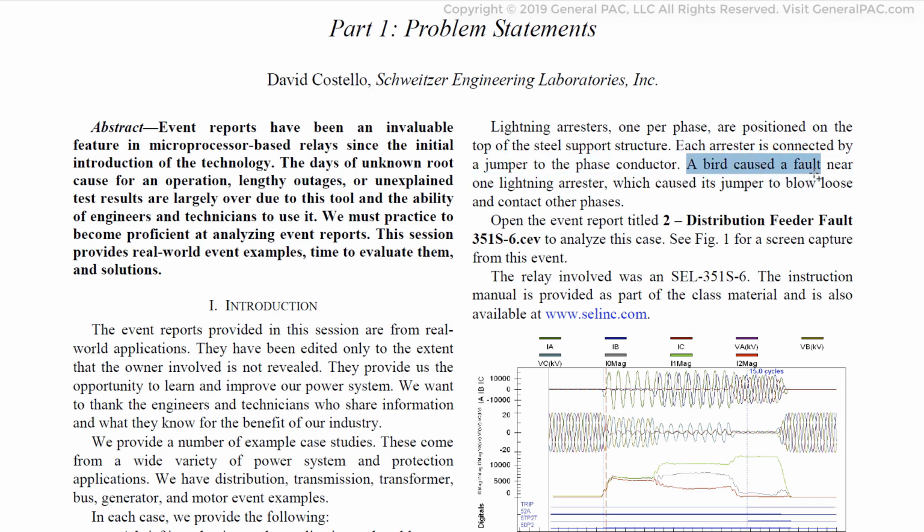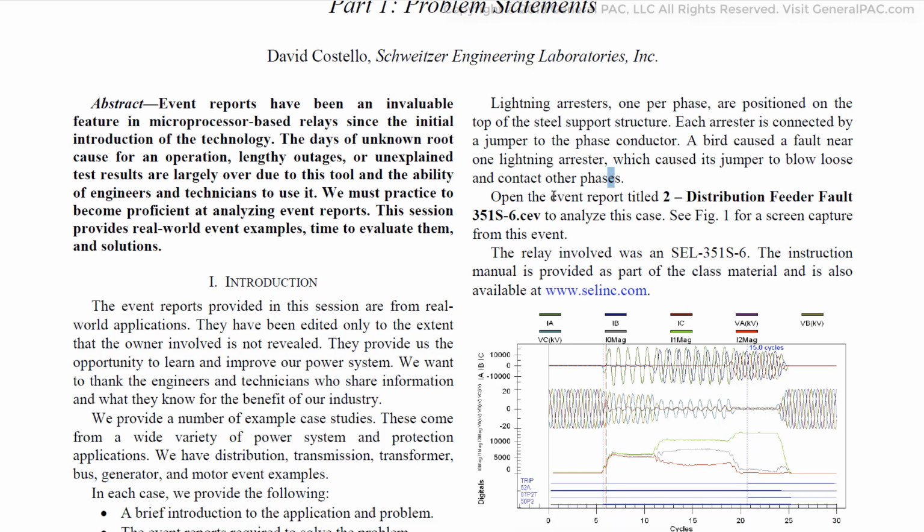A bird caused a fault near one lightning arrestor, which caused its jumper to blow loose and contact other phases. So a bird came in on the line, which causes a fault, and that causes a jumper to blow loose and make contact with other phases. That's the situation at hand.